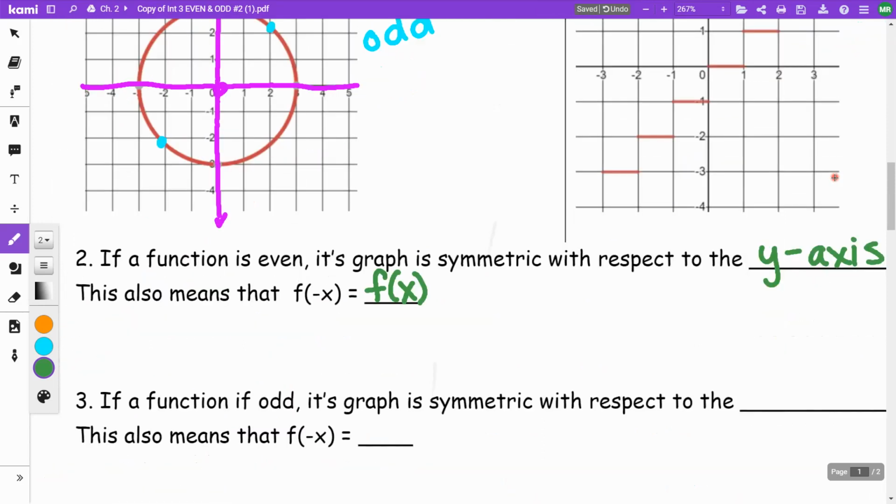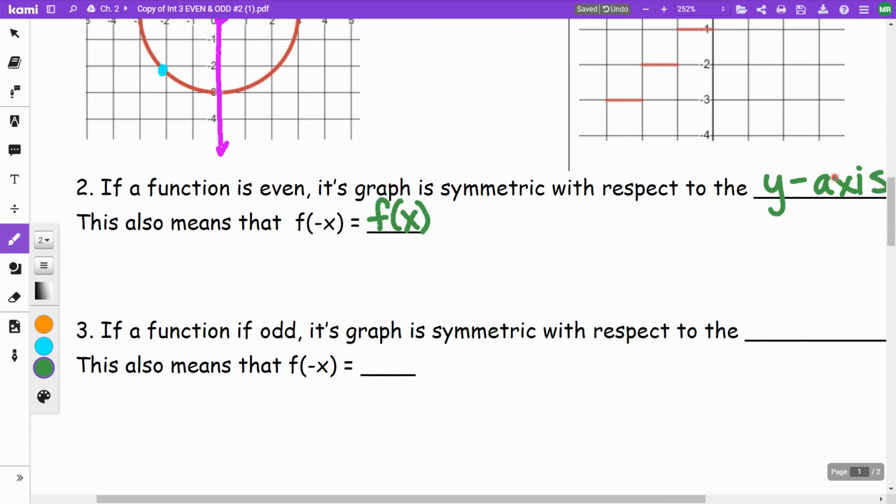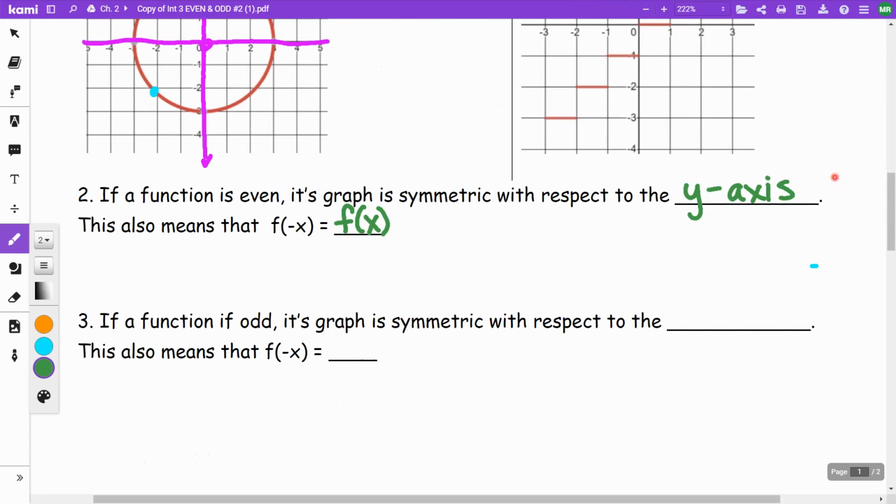If a function is odd, its graph is symmetric with respect to the origin. And again, what we're really doing is a 180 degree rotation at the origin.